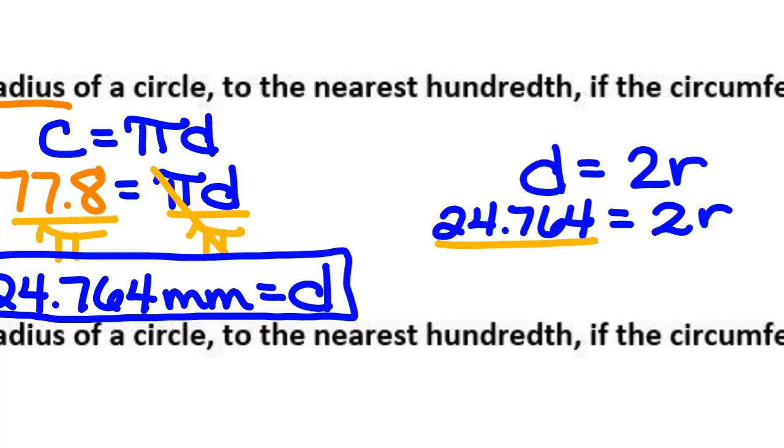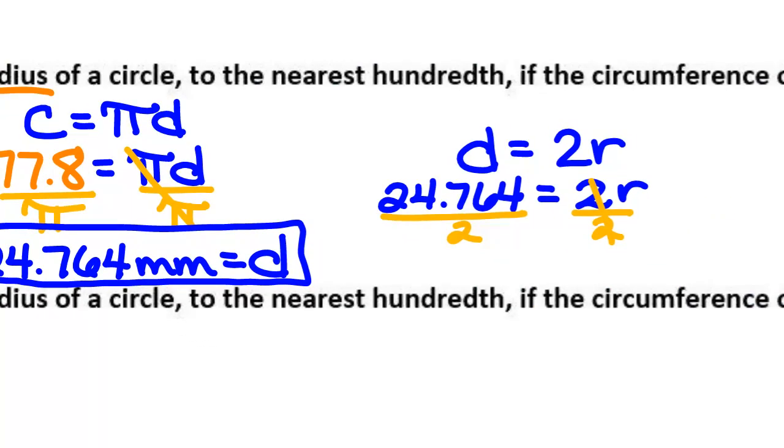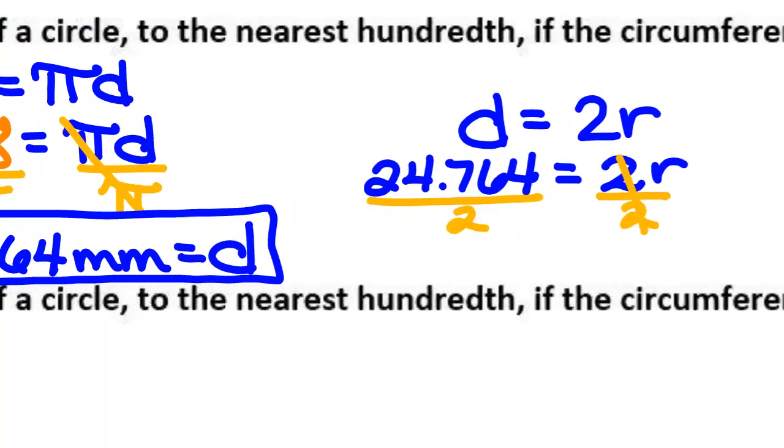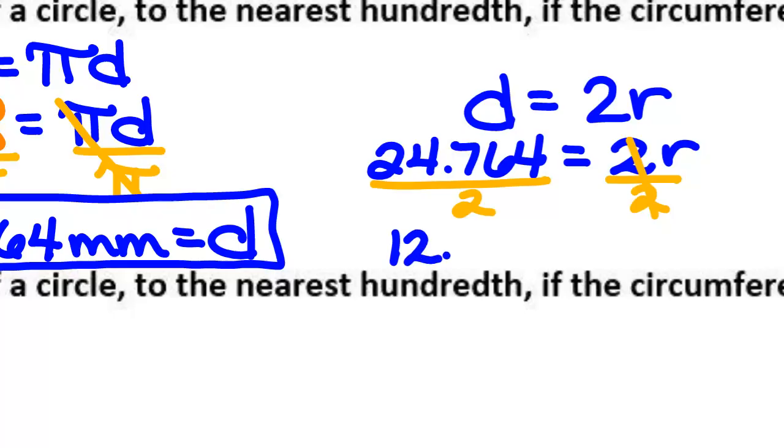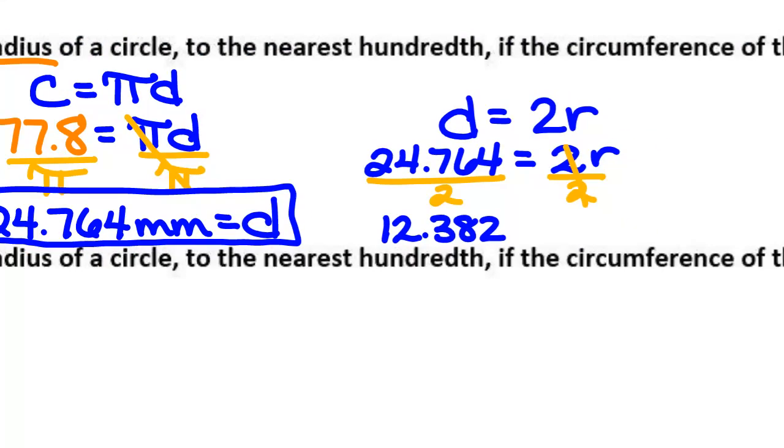We divide both sides by 2. 12.382, thank you. 12.382. Should we use units with this? Yes, what units? Millimeters. It's equal to the radius.